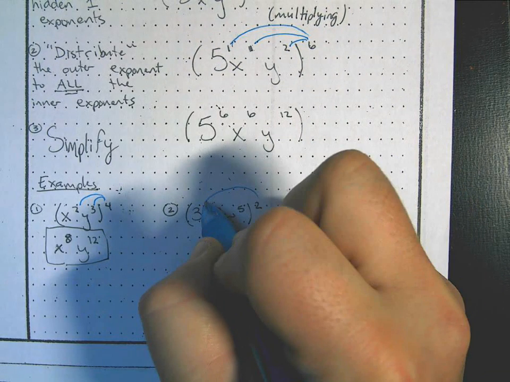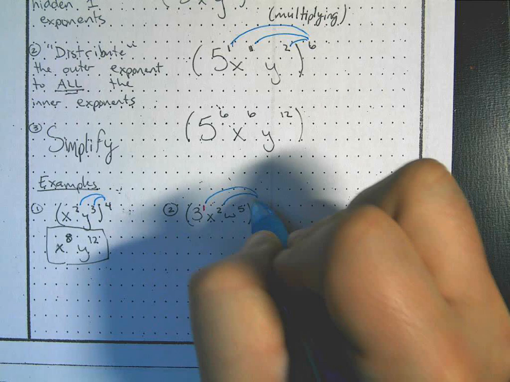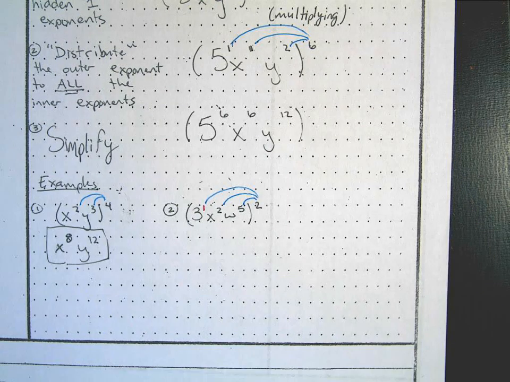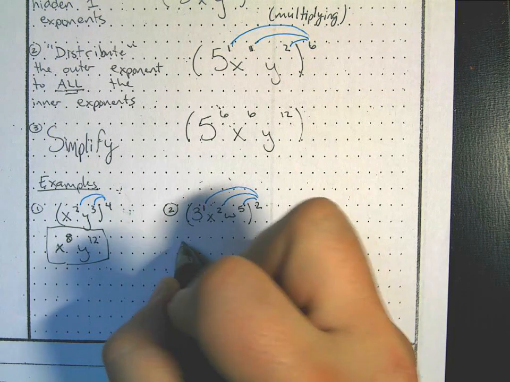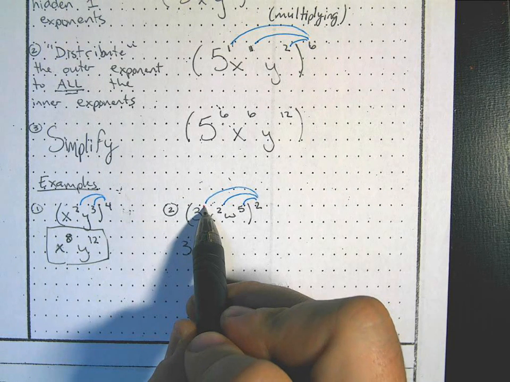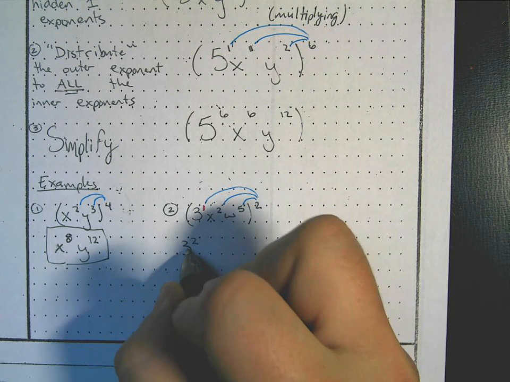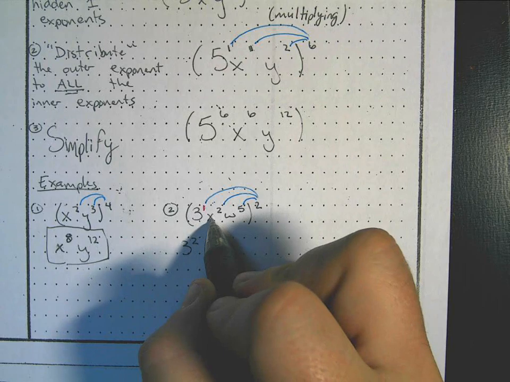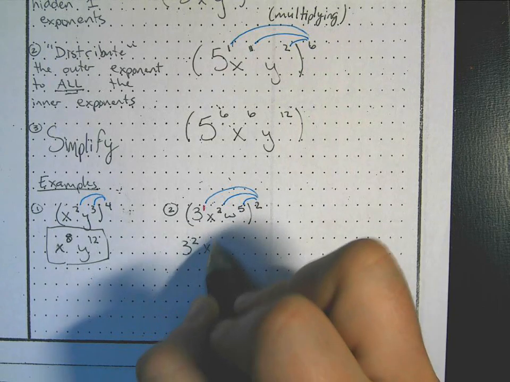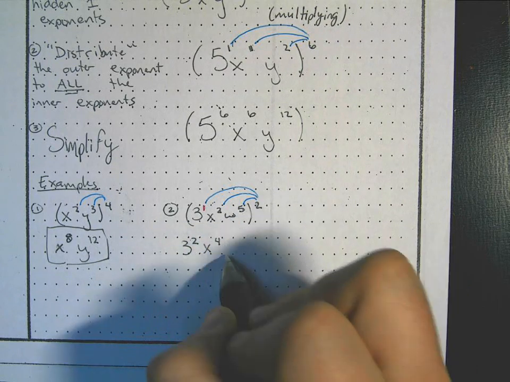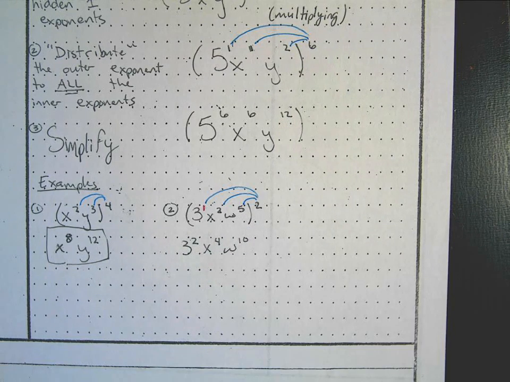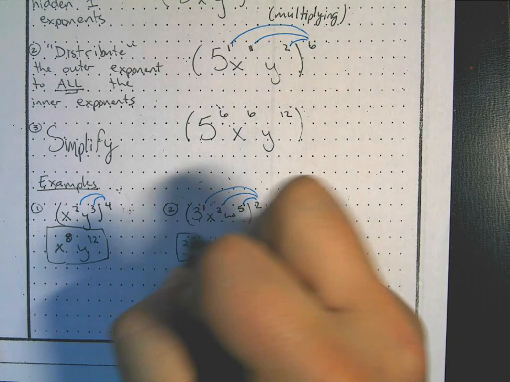So I'll go 2 times 1, 2 times 2, and 2 times 5. So I'll have 3 to the 1 times 2 is 2, so 3 squared. x to the 2 times 2 is 4, so x to the 4th. And then w to the 5 times 2 is 10. And we're done.